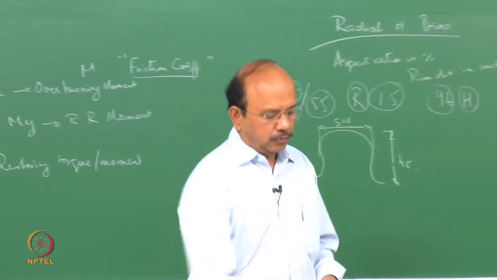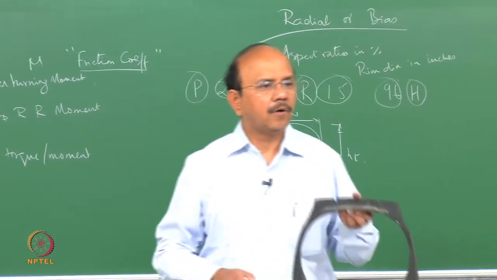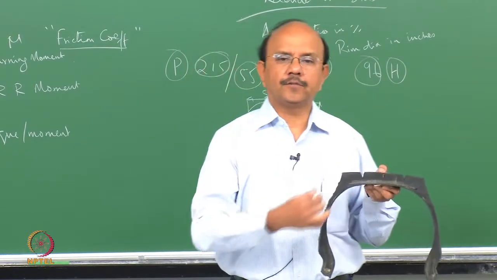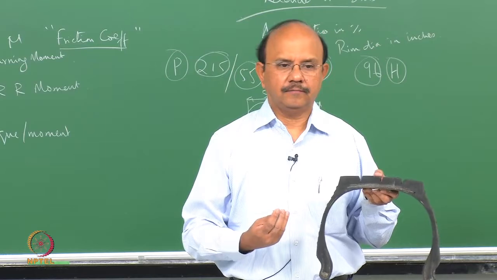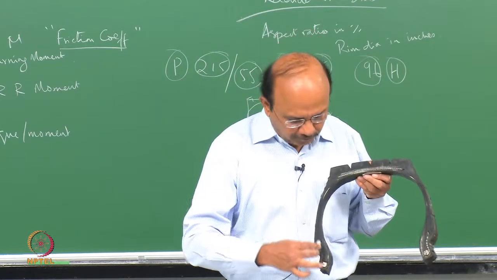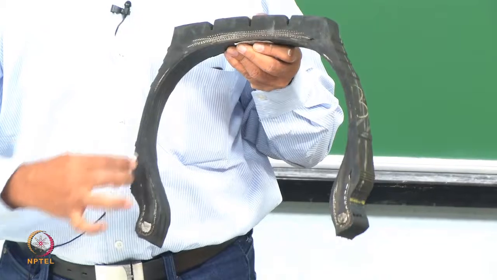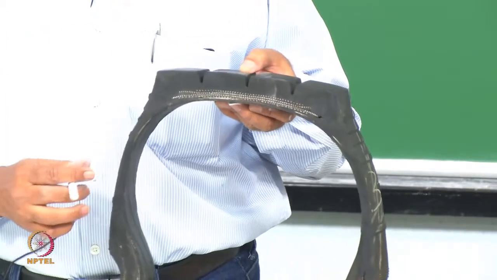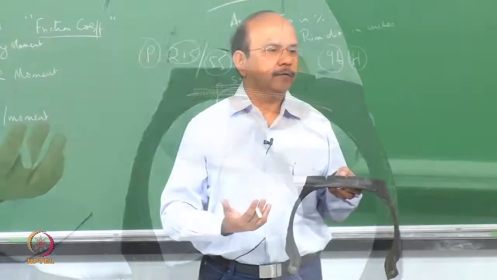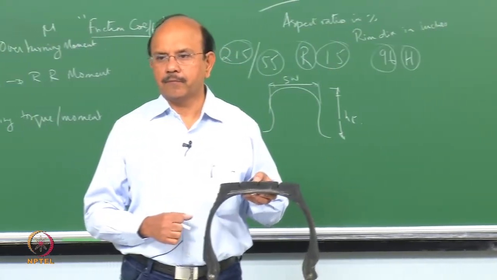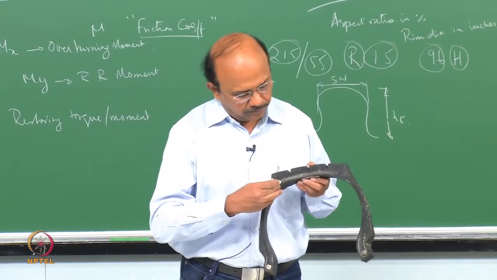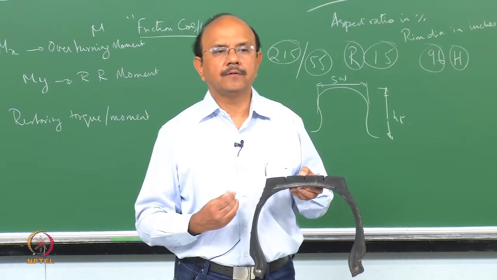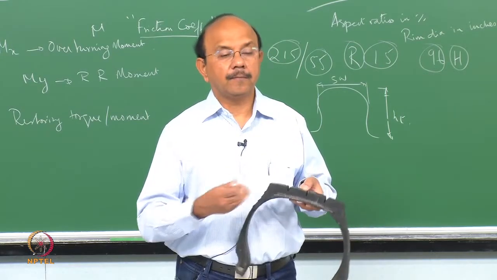Though you see that they are all steel radials, it is not necessary that all the reinforcements are made up of steel. Some of the reinforcements you see here, which is called the ply, a section of which we will see in the next class, is made up of polyester materials, and the belts, the reinforcements, are made up of steel.